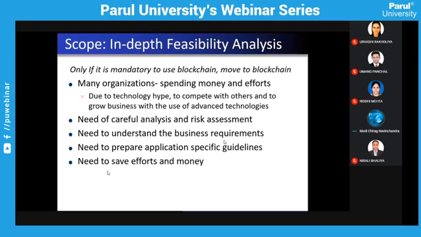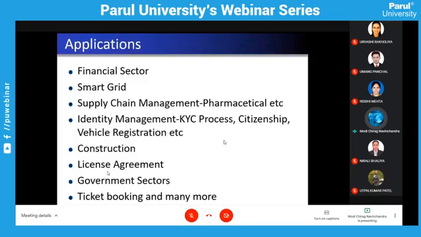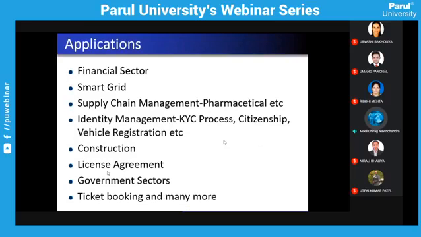So these are the major applications. The financial sector I will not cover because we have already seen that Bitcoin and many other coins are working well. But I'll cover the smart grid later.